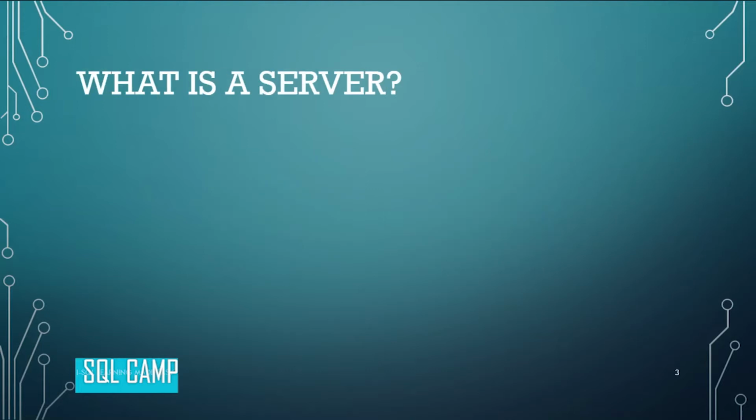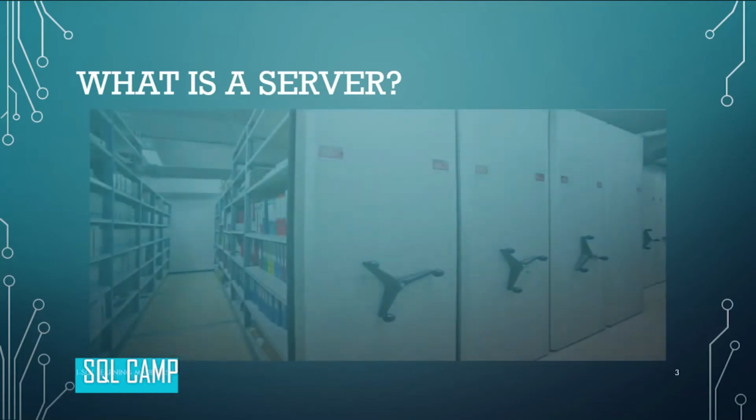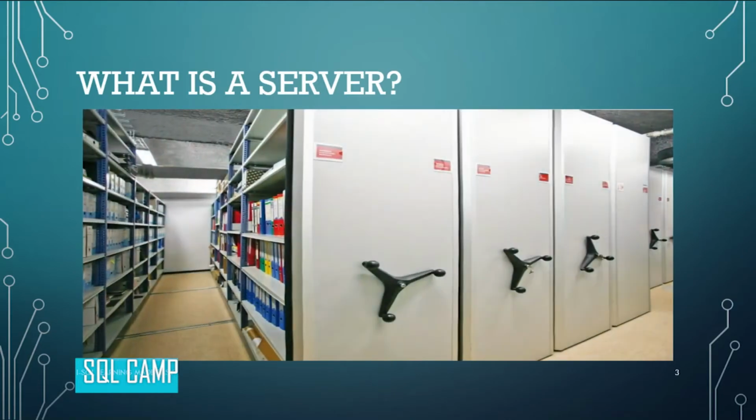Alright, so the first thing we will be talking about is what a server is. Let's keep it simple. Let's think of a server as if it was an archive room or a library where you will see different aisles, and we can consider these aisles here as databases.